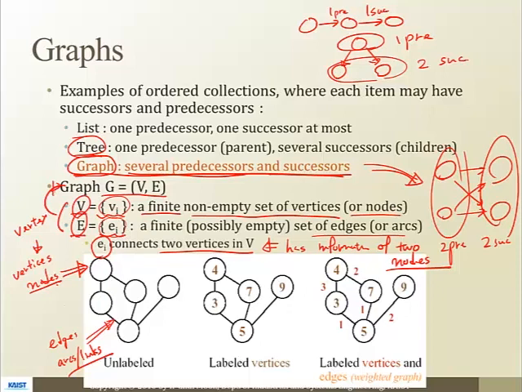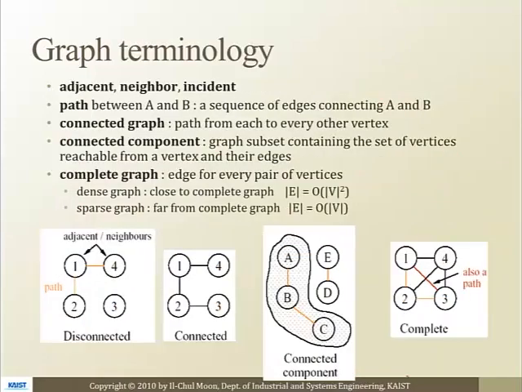We have different types of graph structures. First is the unlabeled graph structure, and the next is the labeled vertices graph, and labeled vertices and the weighted graph. So we are going to learn more terminology about this.